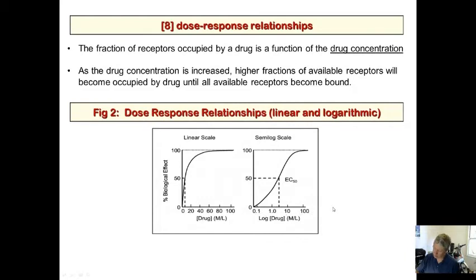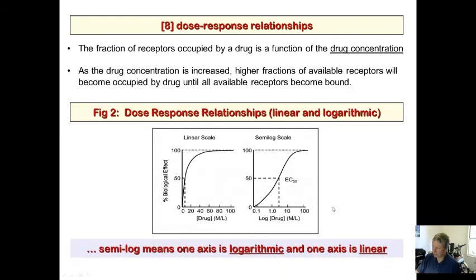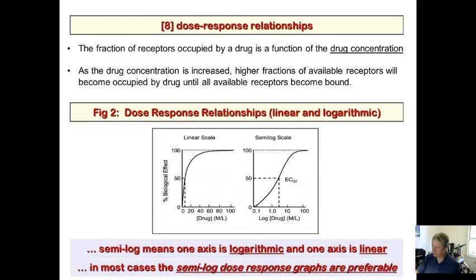Semi-log basically means one axis is logarithmic, the other axis is linear, and in most of the cases that I see, people use the semi-log scale to show dose response.